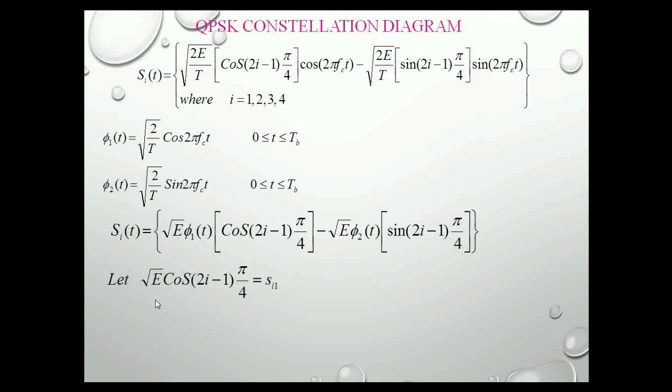Let us replace square root of E cos (2i minus 1) times pi by 4 as Si1 and square root of E sin (2i minus 1) times pi by 4 as Si2. So we get the equation for Si of t as psi1 of t Si1 minus psi2 of t Si2.